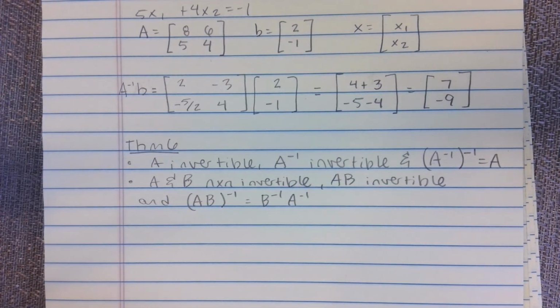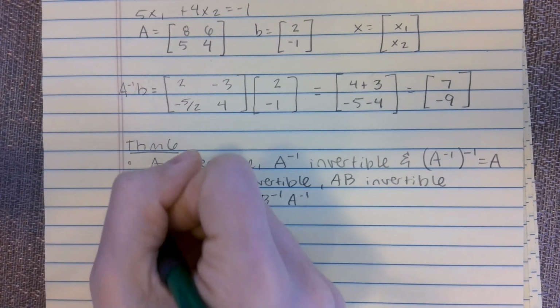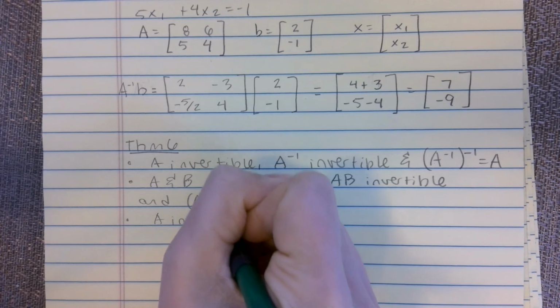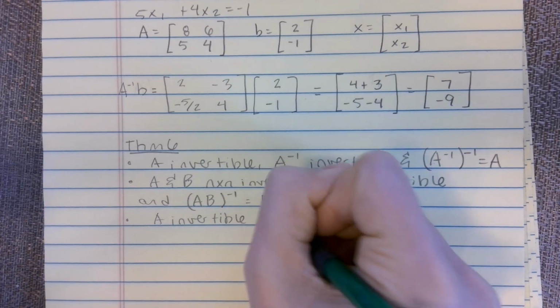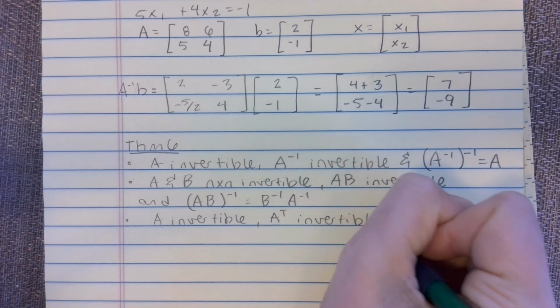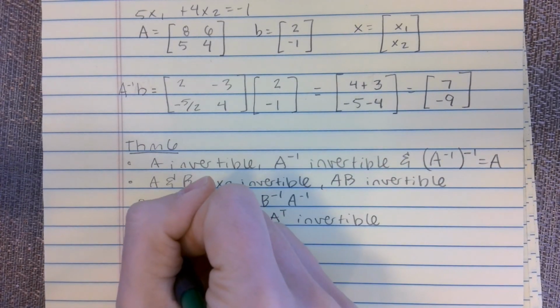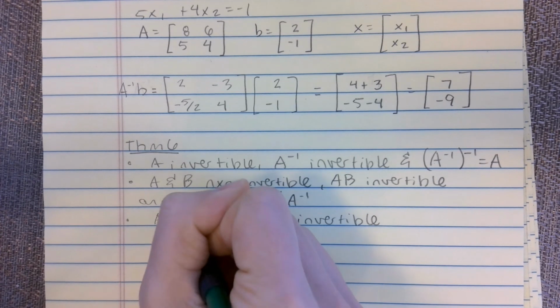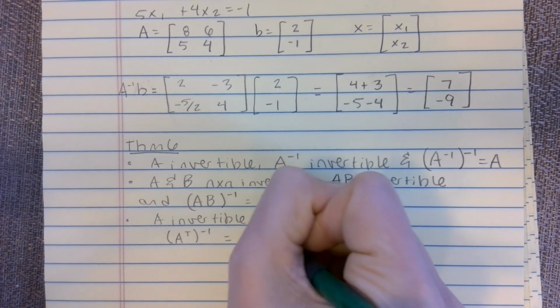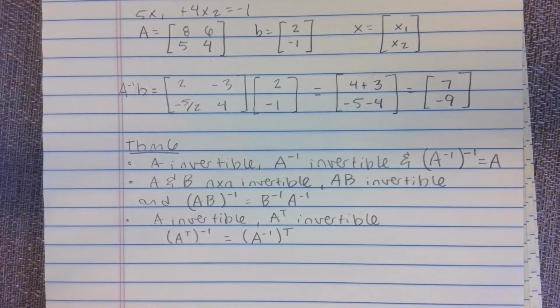And the last one: if A is invertible, then A transpose is invertible, and the inverse of the transpose matrix is the transpose of the inverse matrix. Ta-da!